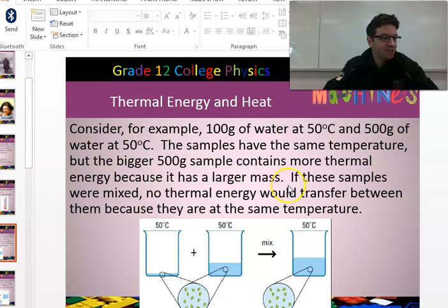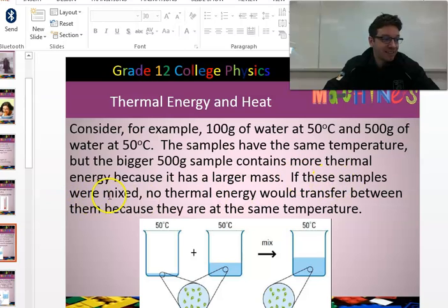Say we have 100 grams of water at 50 degrees and 500 grams of water at 50 degrees. So again, the samples have the same temperature, right? The same average kinetic energy, but the greater mass sample has more thermal energy because it has more stuff. Right?